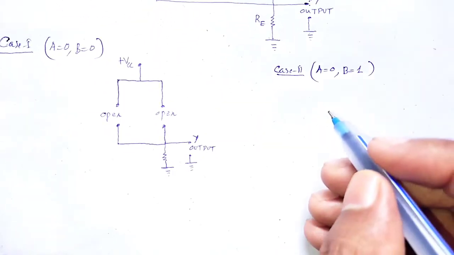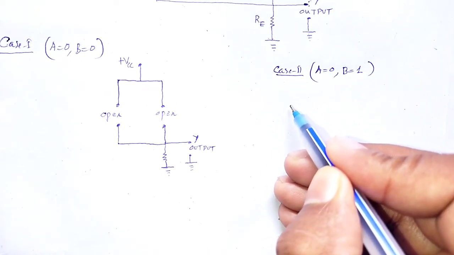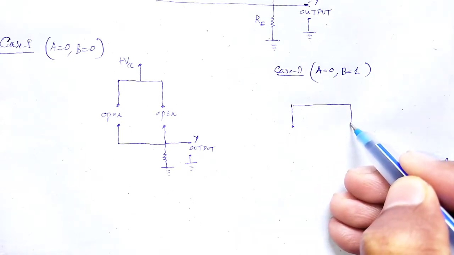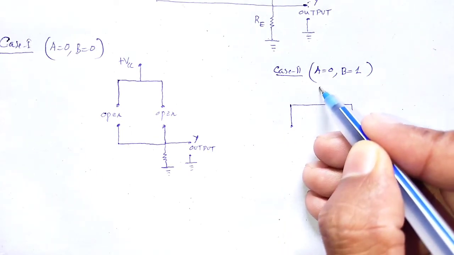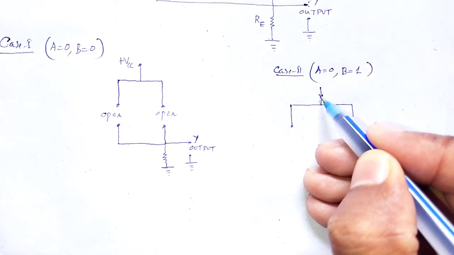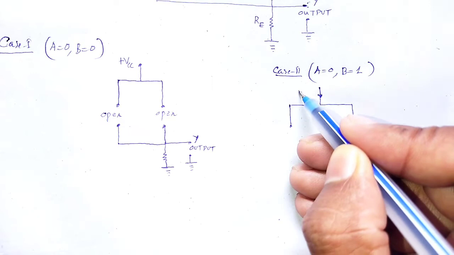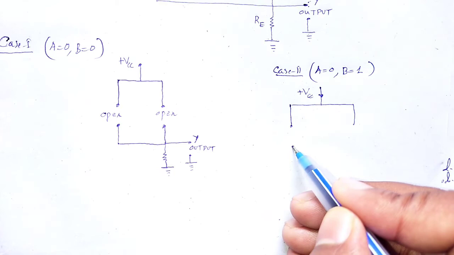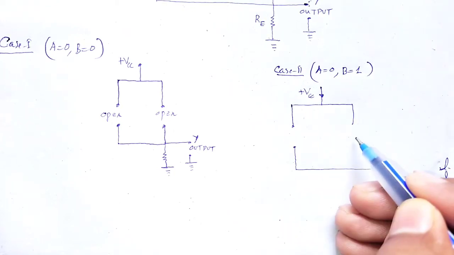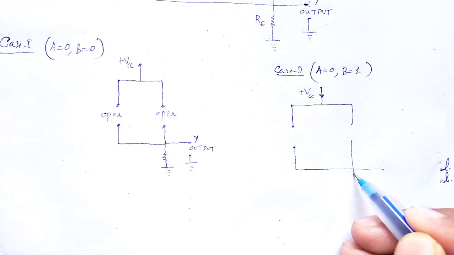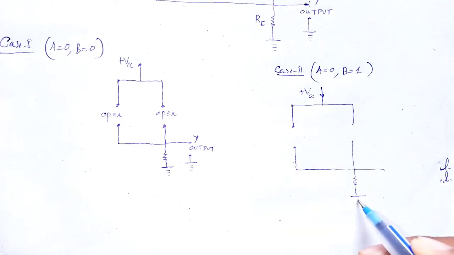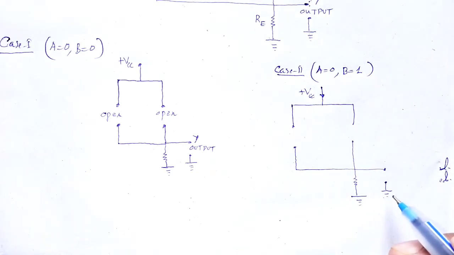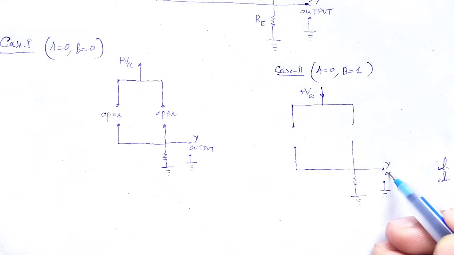In the figure it is clear: potential VCC, and here is the output.